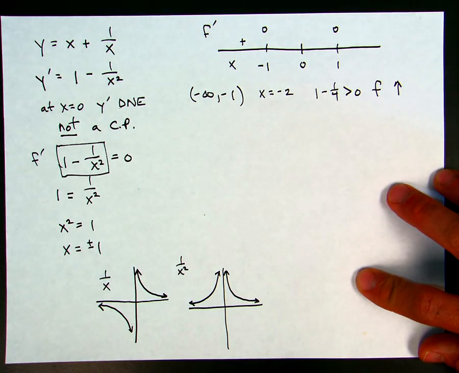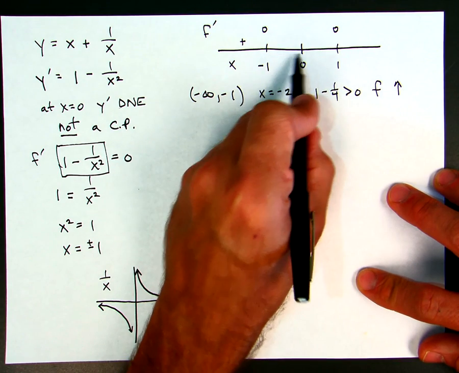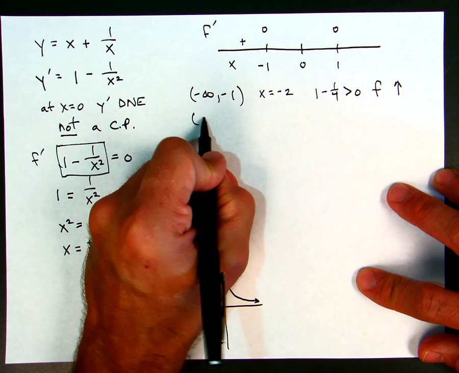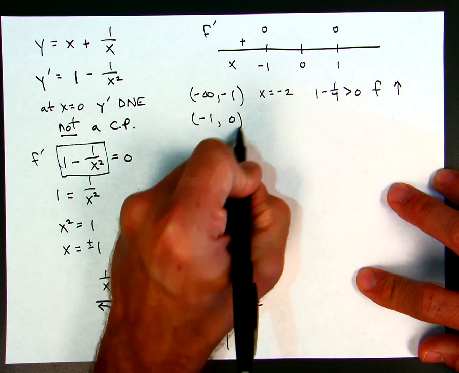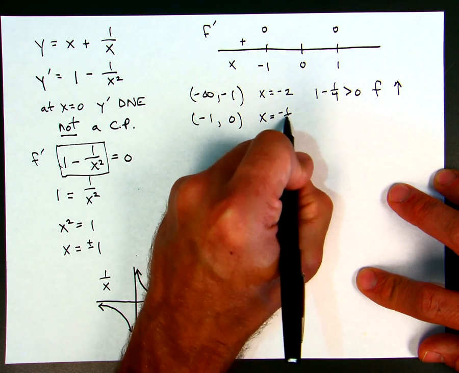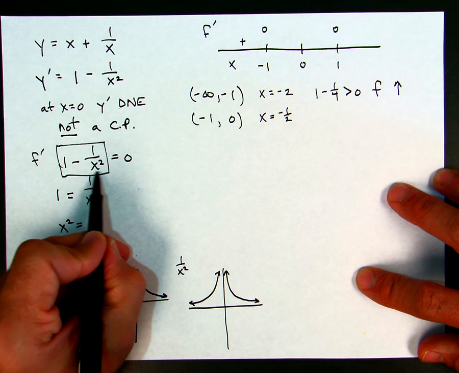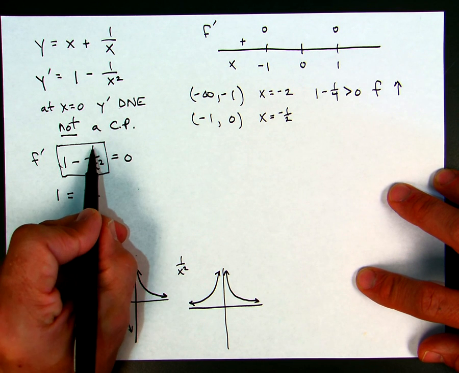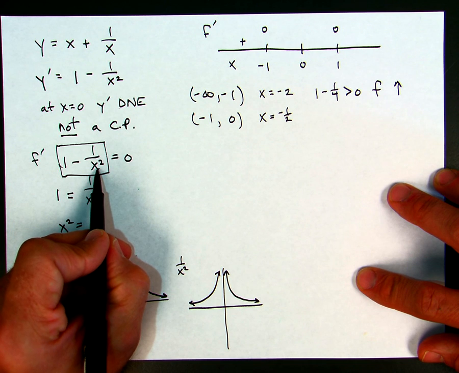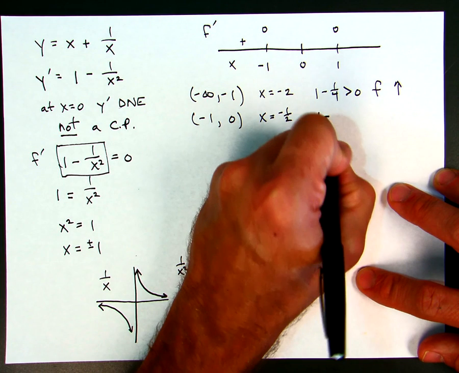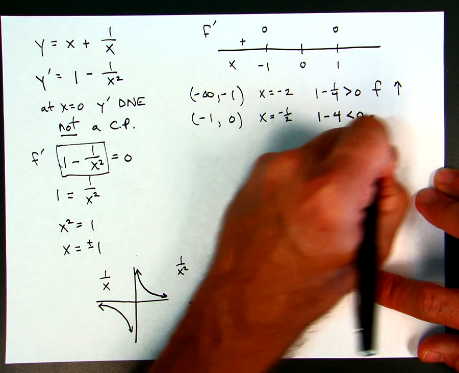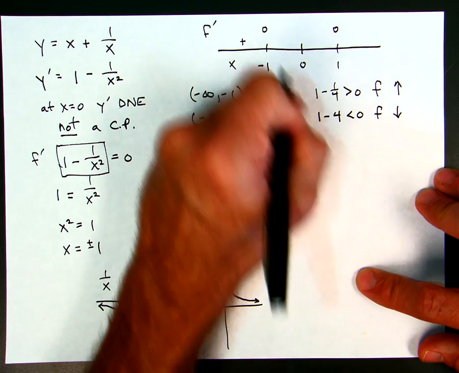Now I need to pick something between -1 and 0. My next interval is -1 to 0, so x equals -1/2 seems like a good choice. If I put -1/2 here, I have 1 over 1/4, which equals 4. So I'm going to have 1 minus 4, which is clearly negative, and f is decreasing here.